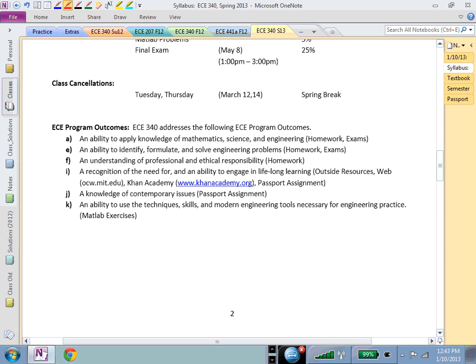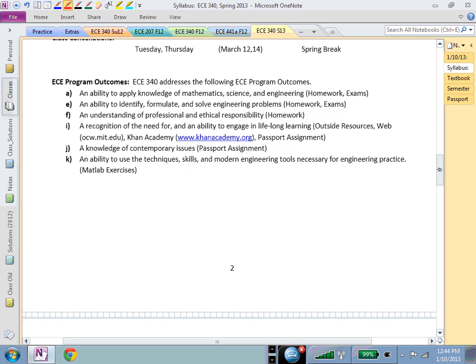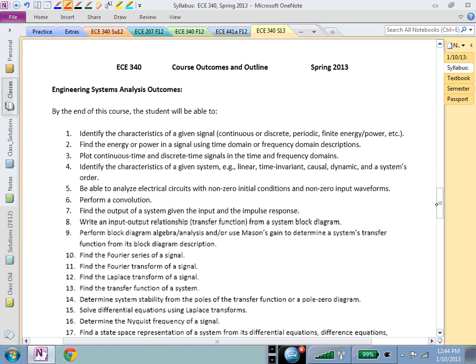As you can see, the passport assignment is going to give us something to do with contemporary issues, whatever that means. Maybe that will become clear through the passport assignment.